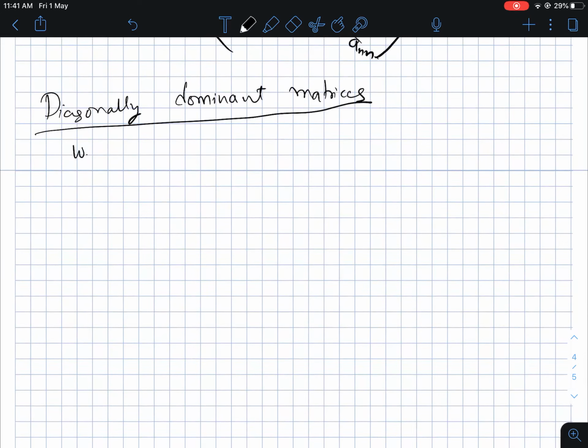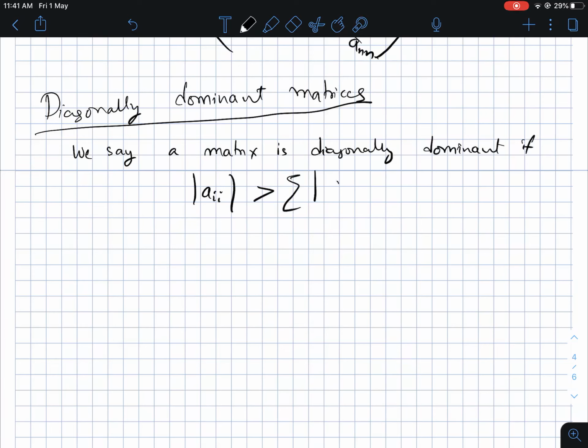Okay, so we say a matrix is diagonally dominant if the absolute value of the diagonal entry is bigger than the sum of all the absolute values of the off diagonal entries, in any row.